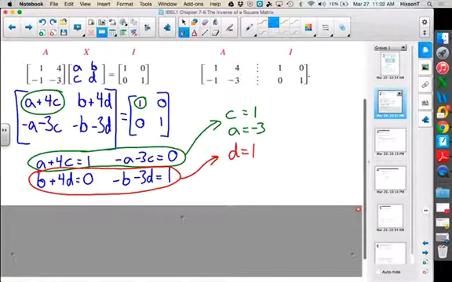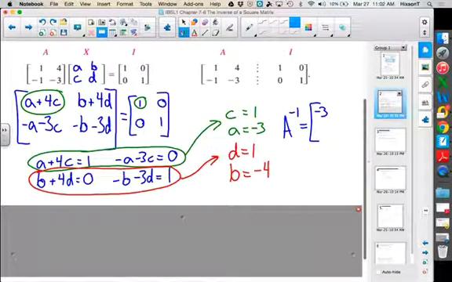And that means B would have to be negative negative, or 4. Okay? So, A inverse then, A inverse is the matrix negative 3, negative 4, 1, 1.